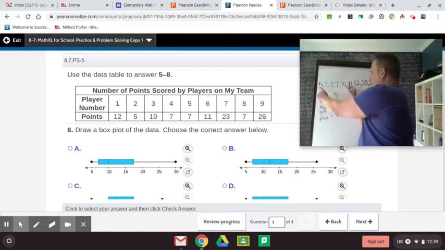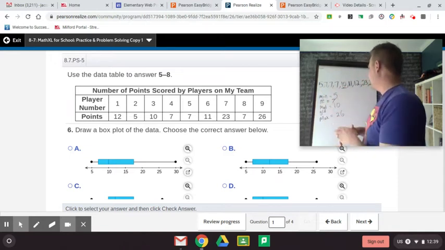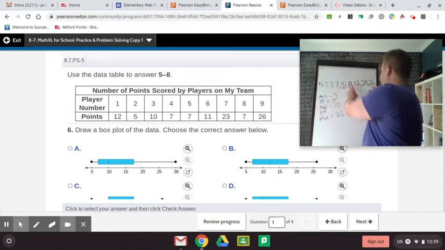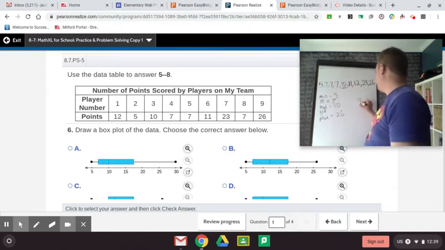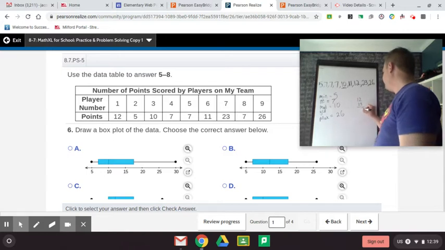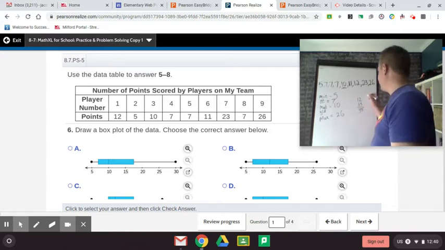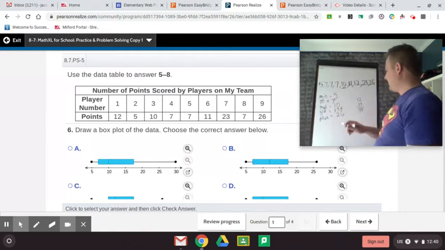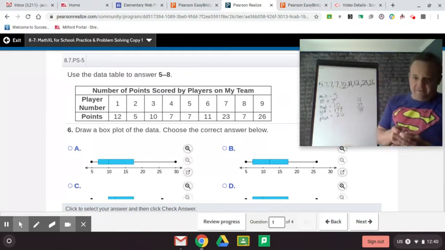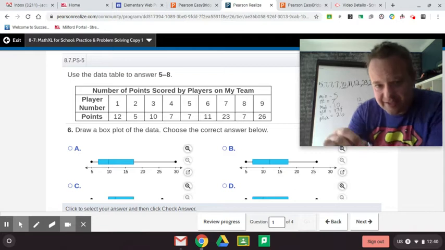Now look, if the median's 10, I come to here, 2 numbers, add them up, divide by 2. I get 7 for the first quartile. And here, I get 12 and 23. So I'm going to add up 12 plus 23. And I get 35. 35 divided by 2 is, I think, 17.5. Okay. So now I have the 5 boundary values and we can continue.